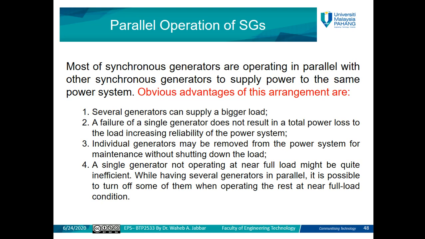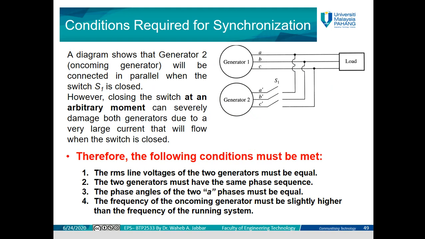When we compare the parallel operation to the alone operation of synchronous generators, there are some conditions that need to be satisfied in order to allow the parallel operation. So it's not easy to connect two generators together. It's not that if I have two generators, I can connect them directly.